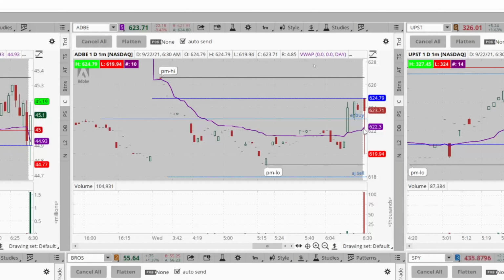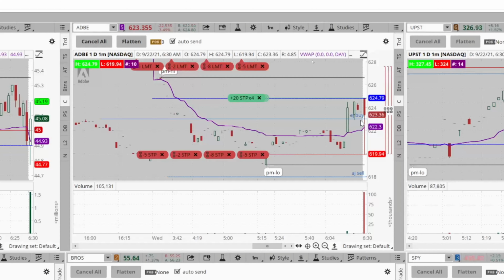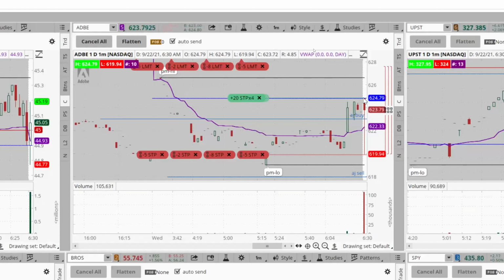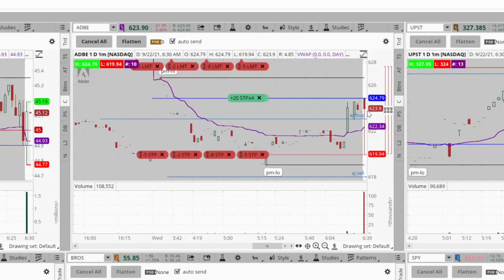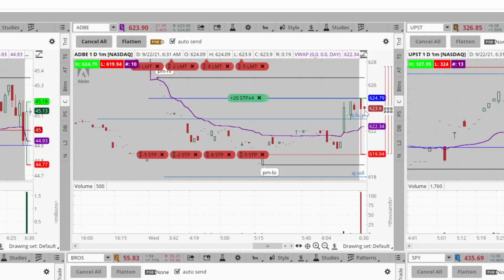So now you can see it's going back above VWAP. So I immediately placed the trade, buy stop, high of the day. So if the next minute it makes a new high, I enter the trade basically.